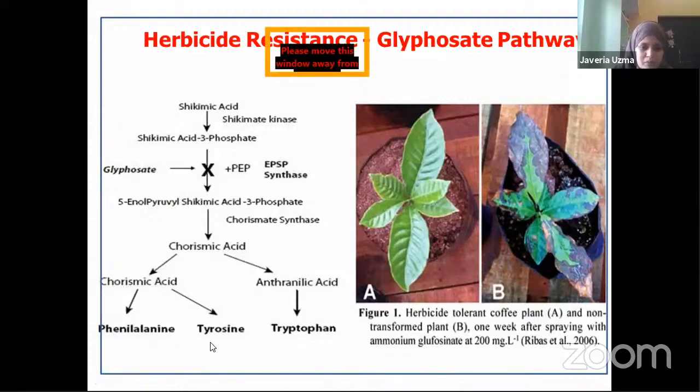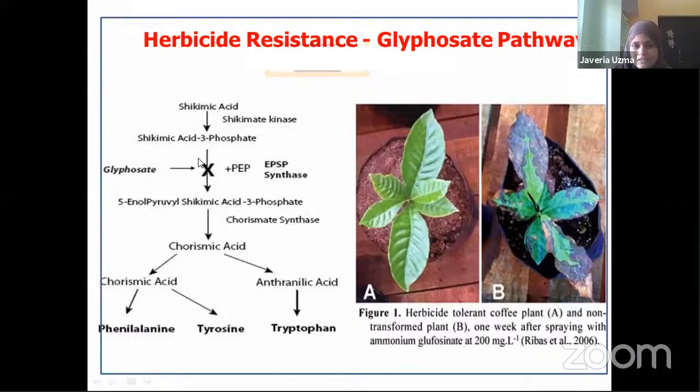These aromatic amino acids are very important for plant growth and metabolism. When you spray herbicides, they contain glyphosate, which will block the pathway here. This is the pathway where shikimic acid is used to synthesize three important amino acids.